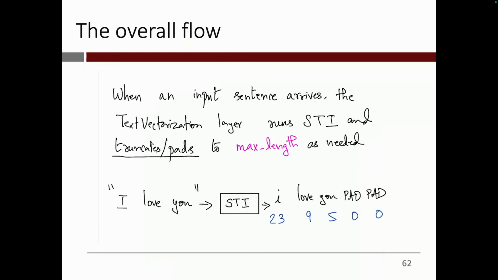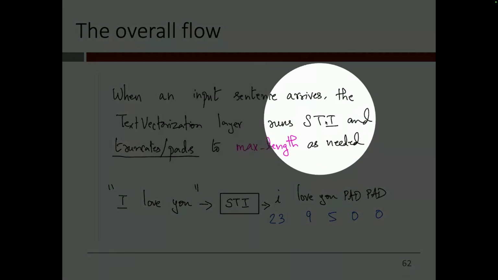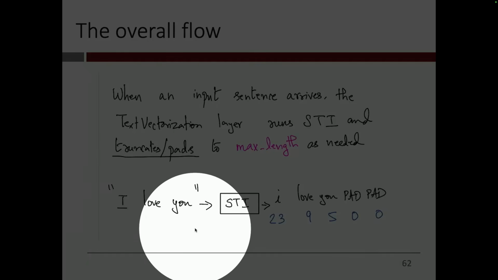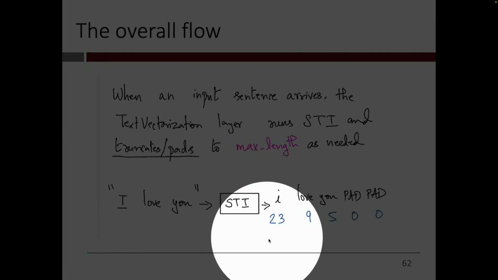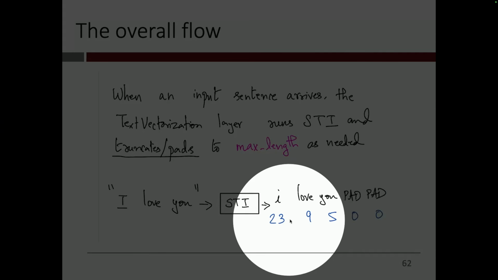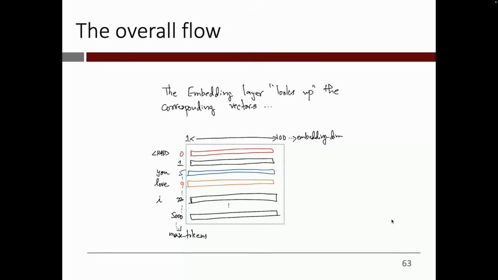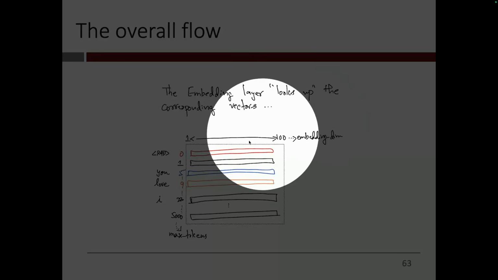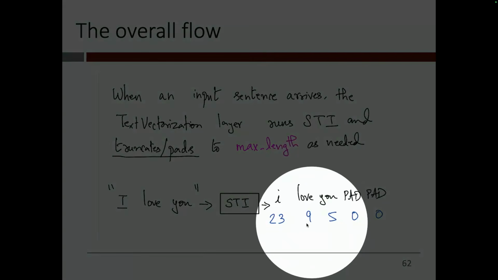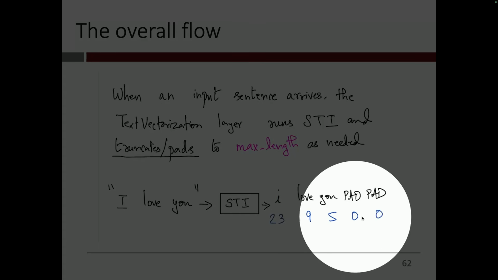When an input sentence arrives, the text vectorization layer will run STI on it. It'll truncate and pad it to max length as needed. So let's say this phrase comes in, STI will give you the same tokens plus pad, because let's say the max length is 5, and then these are the corresponding integers. Then the embedding layer will just look up the corresponding vectors. So for example, we need to look up the vectors for 23, 9, 5, 0, and 0.